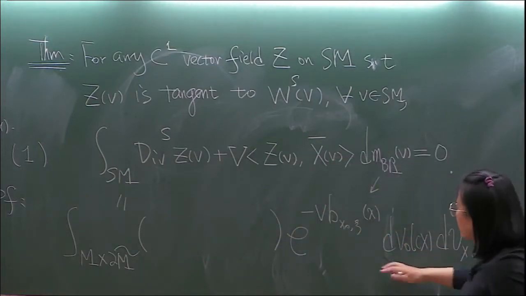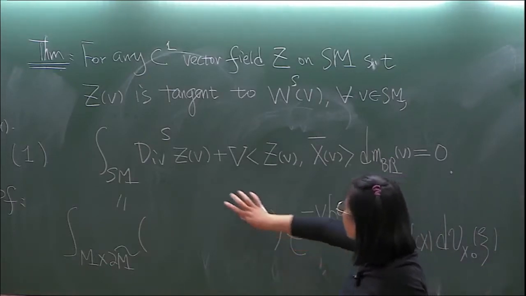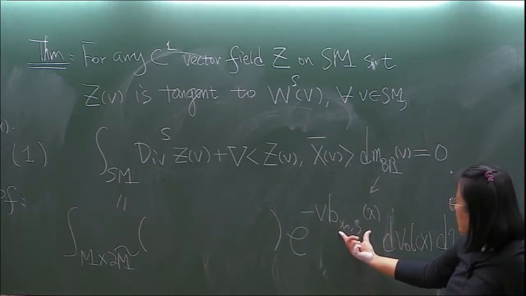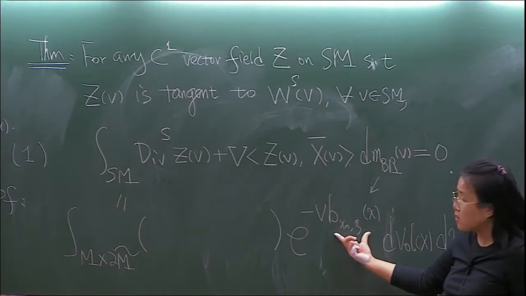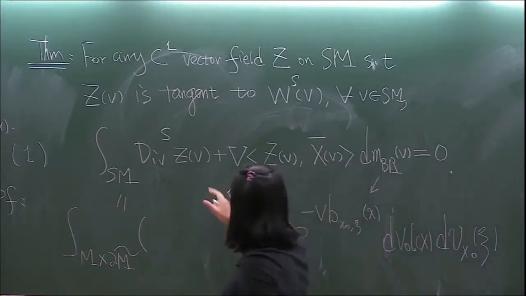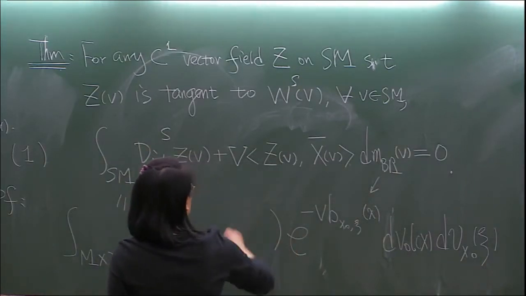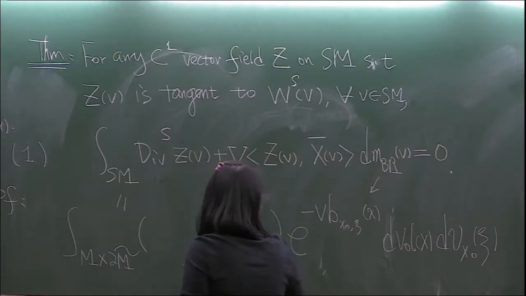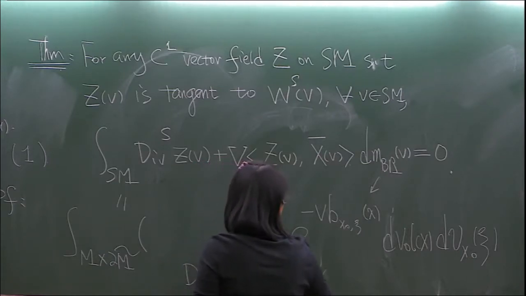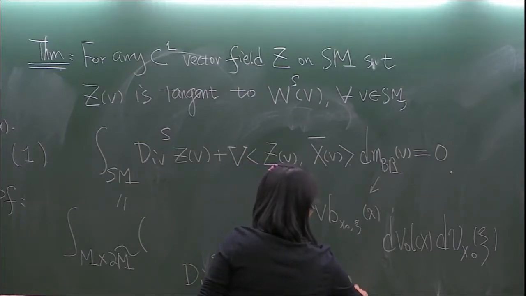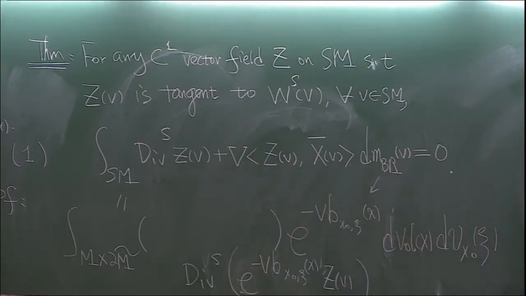So you consider this guy, what is this one? You look at this, it's exactly, remember the gradient of this Busemann function is minus X. So these two, actually, you can group that together to be the divergence of this Z times e to the power minus v B x naught (c, x) times Z. Okay? So you're using an integration by parts. This will disappear. So this is 0. Okay?